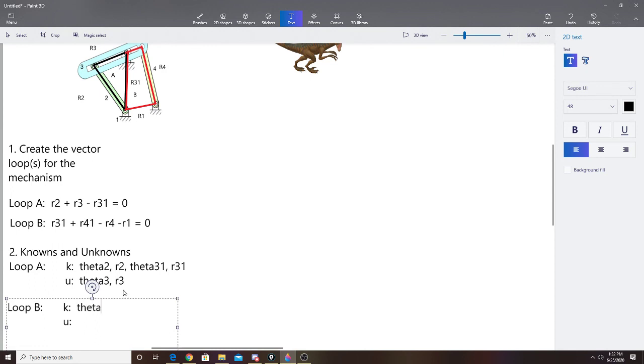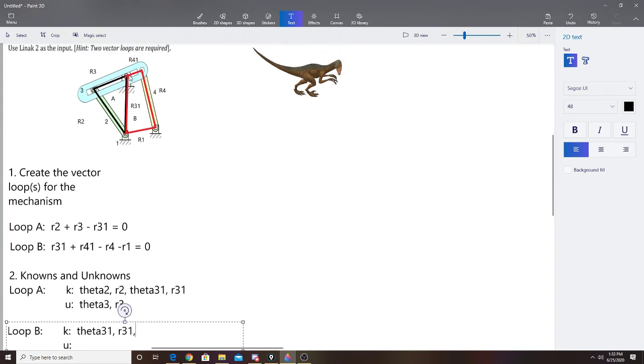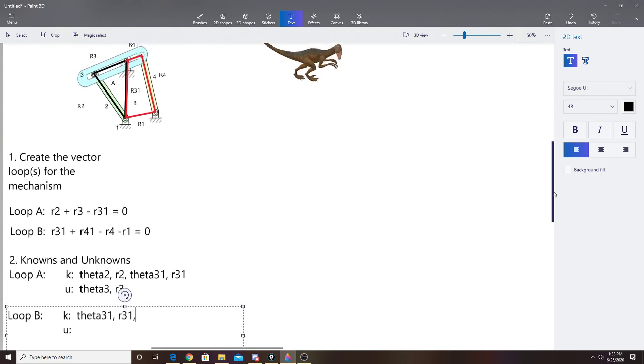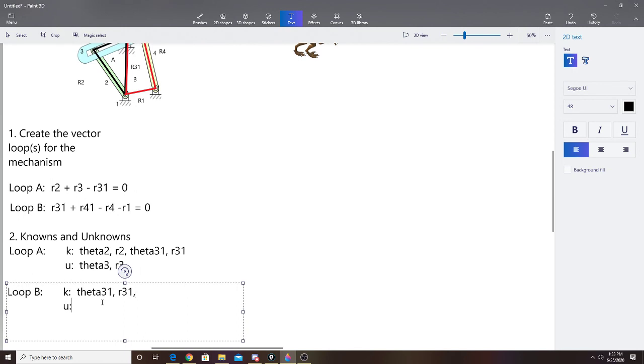I agree. All right. What about, let's move up to 4-1. So is theta 4-1 and R4-1 known? Well, I can tell you for sure R4-1 is not, right? Because as this pin goes this way, this length is getting longer, right? Yeah, it's not. So we'll go ahead and put that one in the unknown category. So R4-1. I agree.